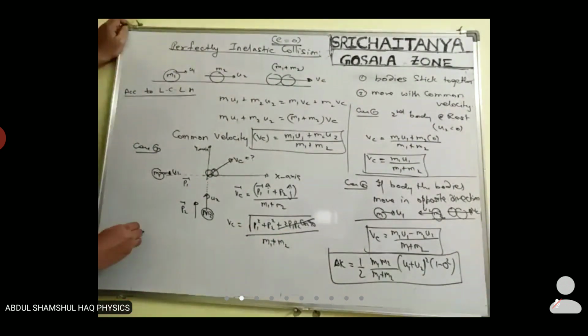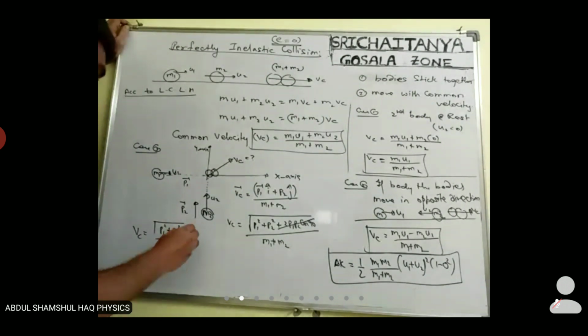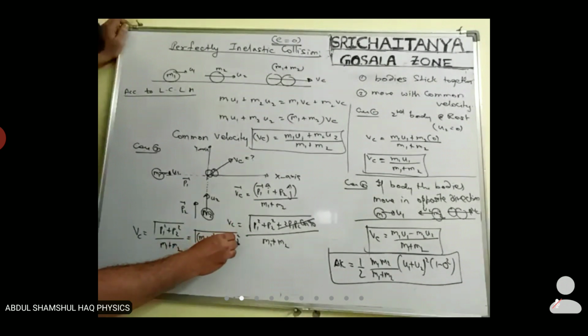Therefore, v common in this case will be equal to root of P1 square plus P2 square whole divided by m1 plus m2. Also, students, this can be written as root of (m1 u1) whole square plus (m2 u2) whole square, whole divided by total mass m1 plus m2.